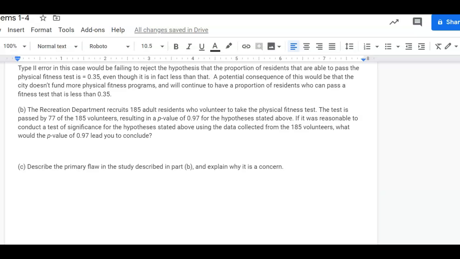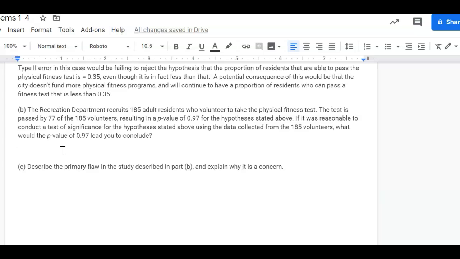If it was reasonable to conduct a test of significance for the hypothesis stated above using the data collected from the 185 volunteers, what would the p-value of 0.97 lead you to believe? So this is, again, actually super easy. It's just disguised as something that would be difficult. All this is saying is, what would you do with a p-value of 0.97?